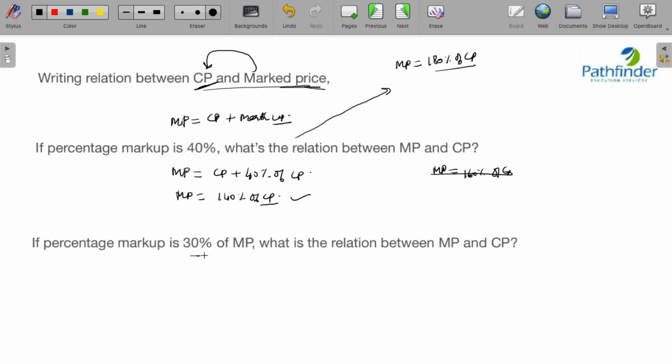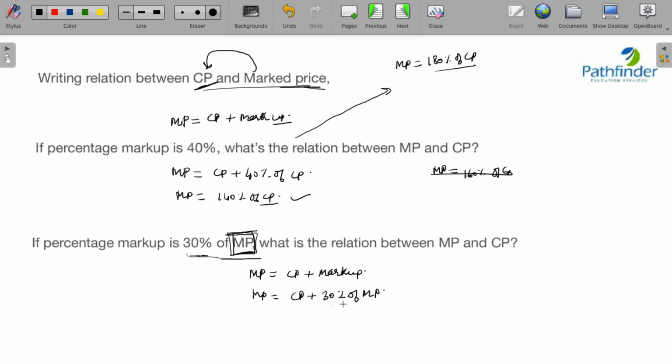If the percentage markup is 30% of marked price दिया है. Now remember, this is a markup given on marked price. So what will you write? Marked price is cost price plus markup. And now this markup is calculated as a percentage of marked price. So what will you write? CP plus 30% of marked price.